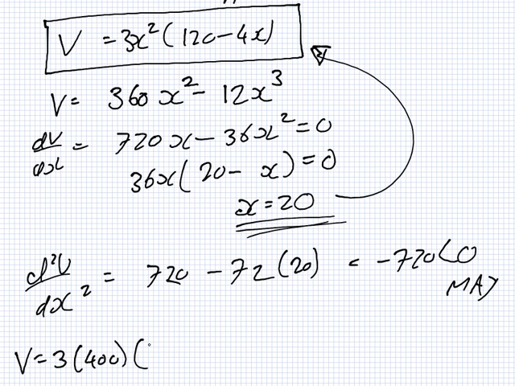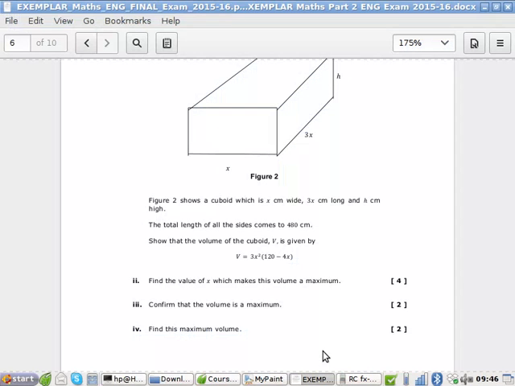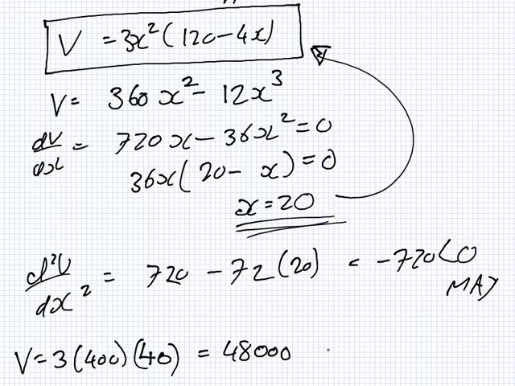And then 120 minus 80 is 40, isn't it? 4 times 4 is 16, times 3 is 48, with a triple zero. So 48,000, and the unit is cm cubed. And that's everything for this part.